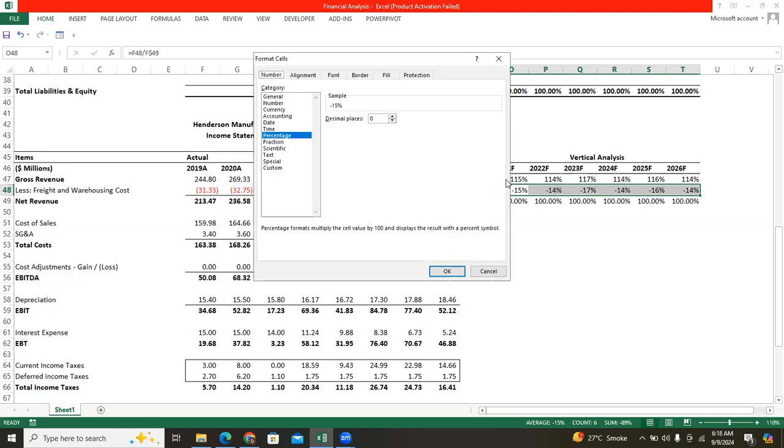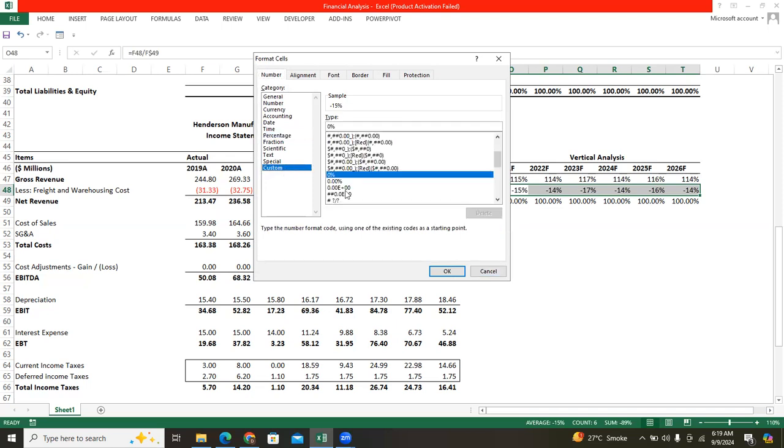Ctrl 1, selecting the percentage, and if you look toward custom, there would be a similar type available for the percentage.